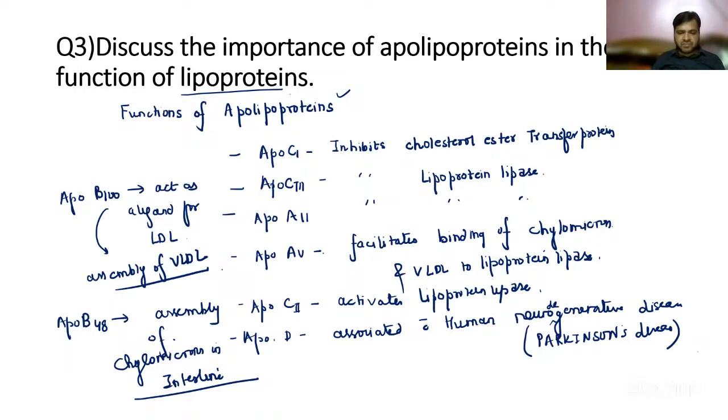So apolipoproteins basically provide the structural framework for lipoproteins, ensuring their stability in the bloodstream. They help maintain the proper shape and integrity of the lipoprotein particles. They also help in lipid transport by binding and loading.